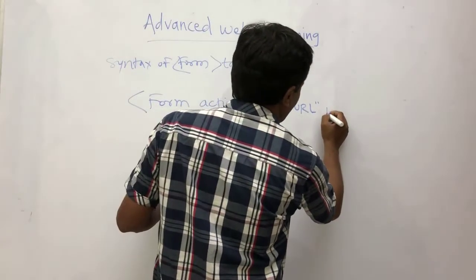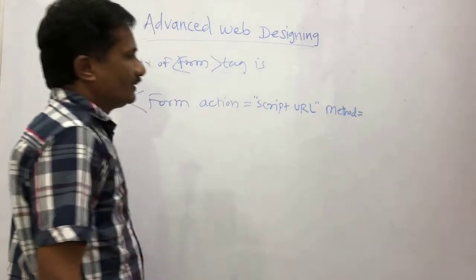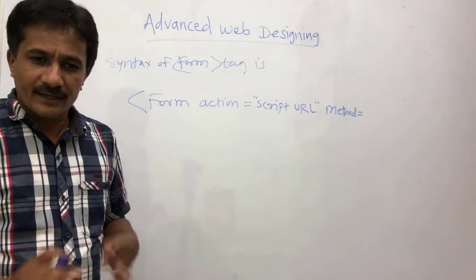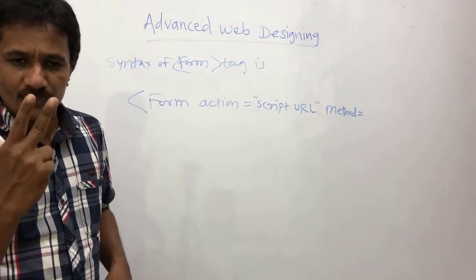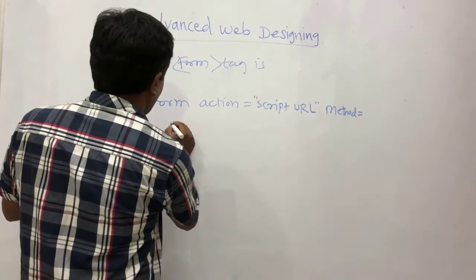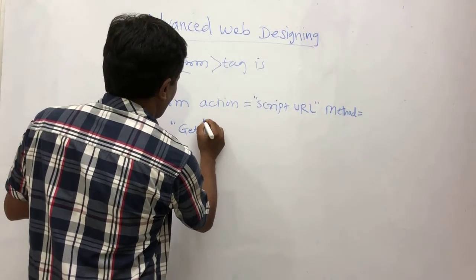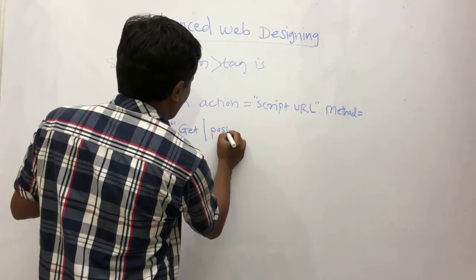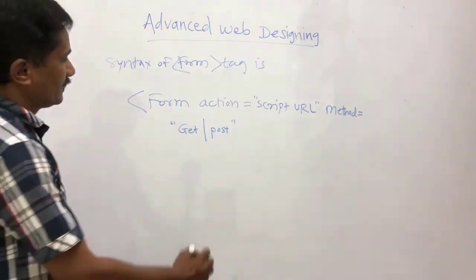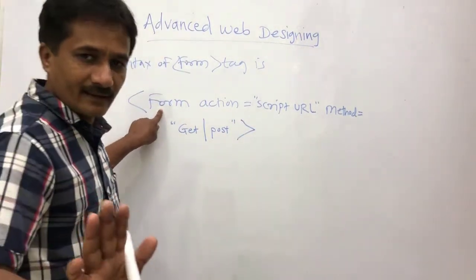Then method is equal to get or post. In any form there are only two values of the method attribute, that is get or post.